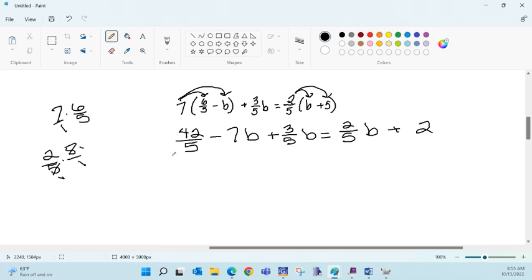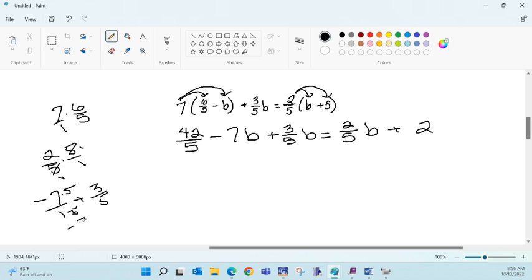All right, now we need to put our like terms together. So 7b and 3/5 b we're going to put together. This one we're going to keep separate. So now we're doing negative 7/1 plus 3/5. We need to get common denominators: 5 times 7 is 35.